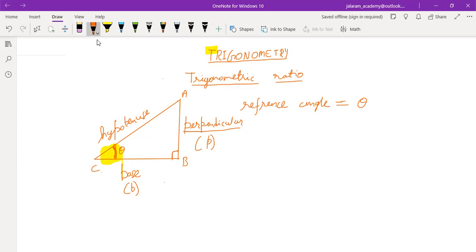Third, the side opposite to the right angle is called hypotenuse. In short, they are denoted by P for perpendicular, B for base, and H for hypotenuse. So we can take any two at a time to find the ratio. And the first ratio, remember, is perpendicular upon hypotenuse.